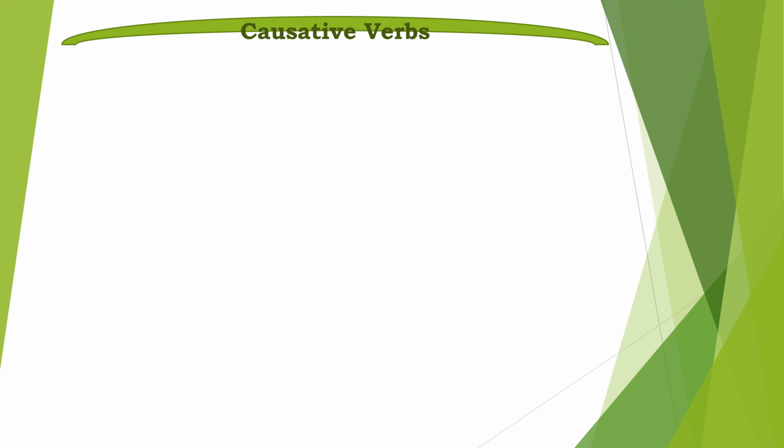It means that the subject caused the action to happen but didn't do it by himself. Maybe the subject has paid, asked, or convinced the other person to do it for him.